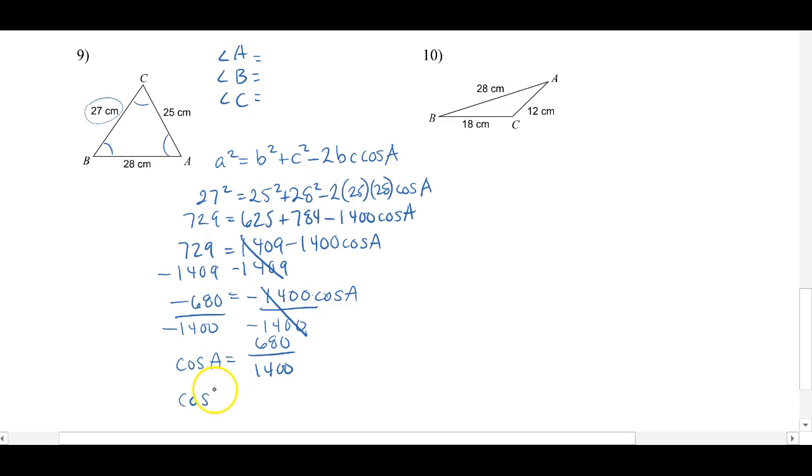So not cosine of A, but inverse cosine. And you do the inverse cosine of what that is equal to. And cosine of A is equal to 680 over 1400. So you do the inverse of 680 over 1400, and that will give us our angle.